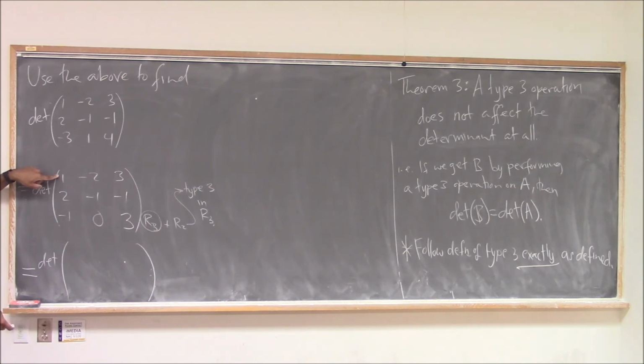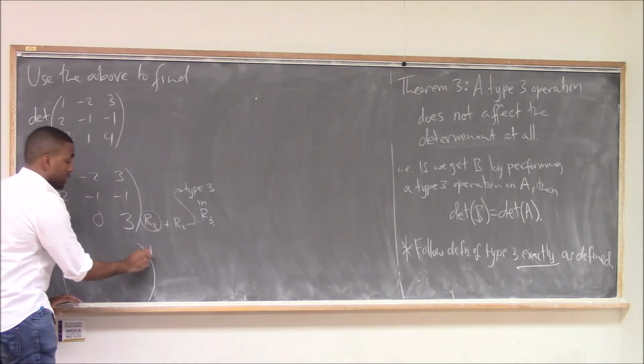Okay, and how would I do that? What I would do is try to make a 0 here to avoid fractions, and that would be nicer. So if I wanted to make that a 0, how would I do it? You multiply by 2 or negative 2.